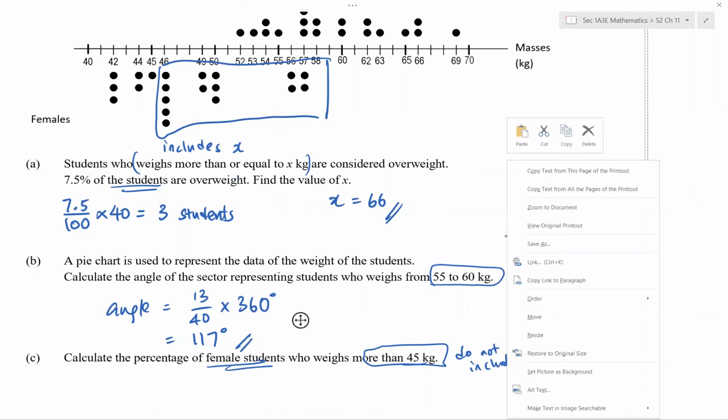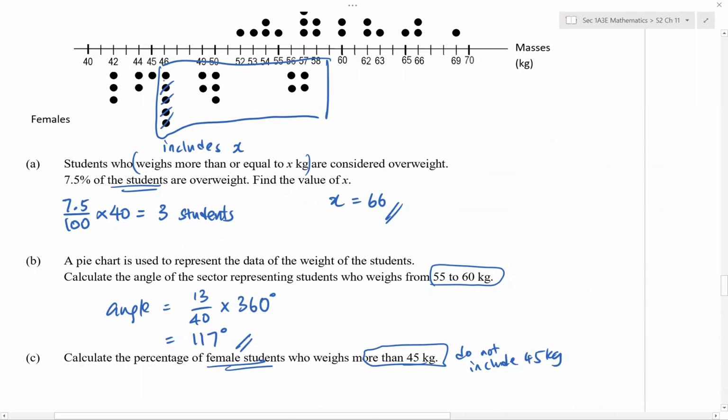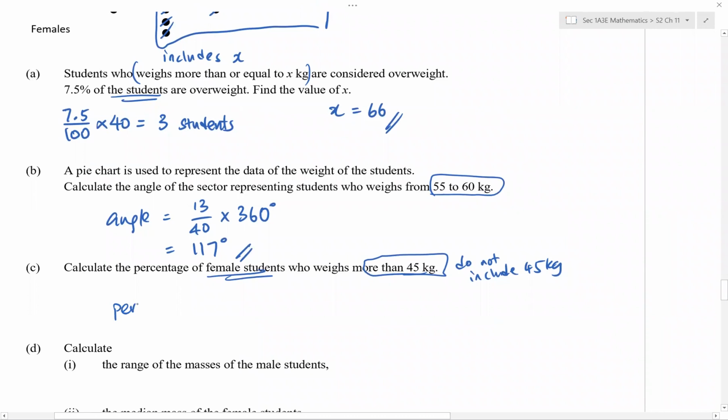We count again: 1, 2, 3, 4, 5, 6, 7, 8, 9, 10, 11, 12, 13, 14. We've got 14. So the percentage will be 14 out of just 20 students this time, because it is the percentage of female, not of the entire 40 students. Then multiply this by 100%, and we end up with 70%.